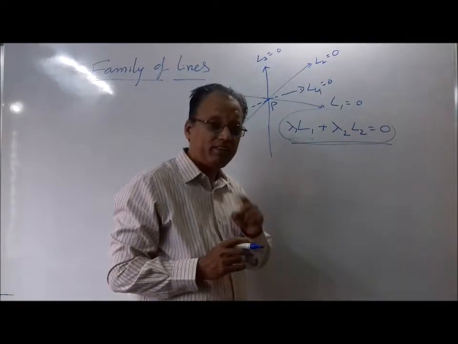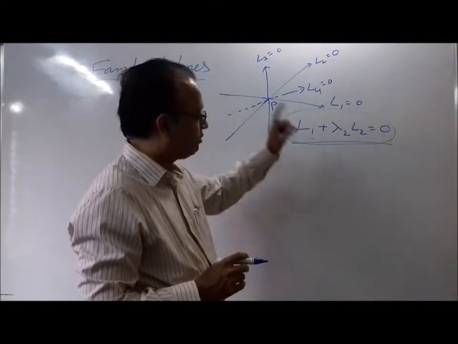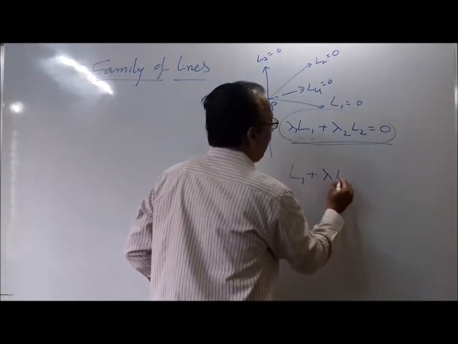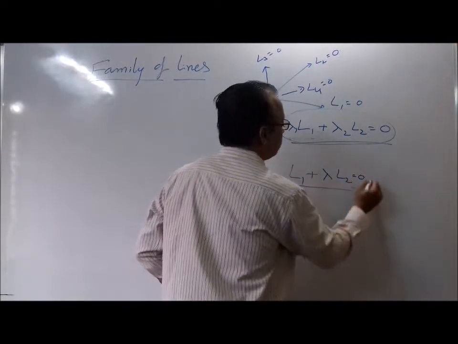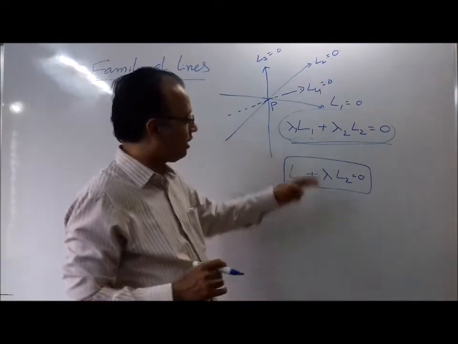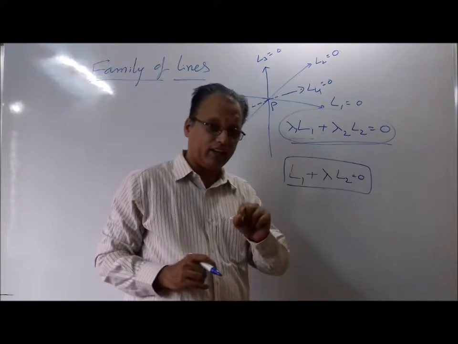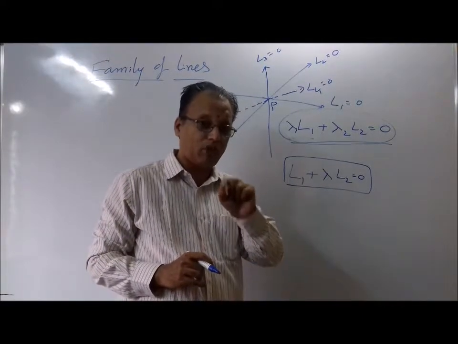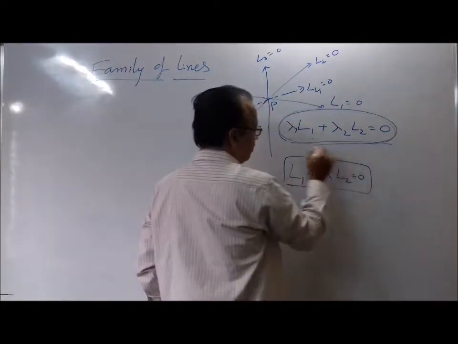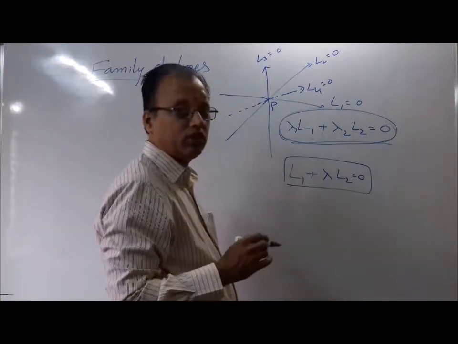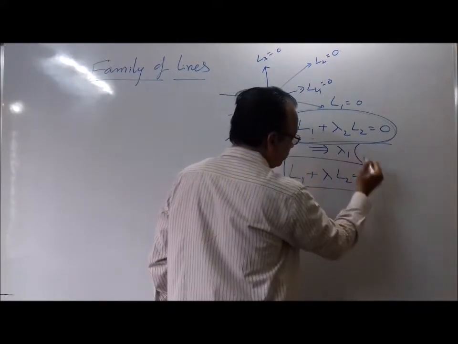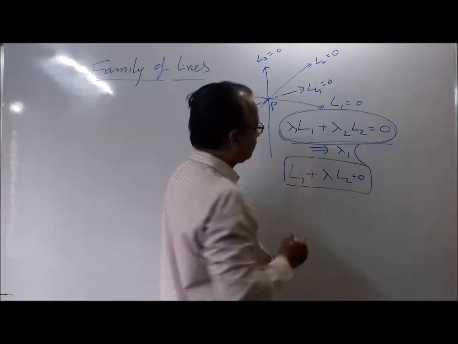Sometimes we write this family of lines as L1 plus lambda L2 equal to 0. How? That is also passing through L1 and L2, so through the same common point only. I take lambda 1 common from this. What will happen?